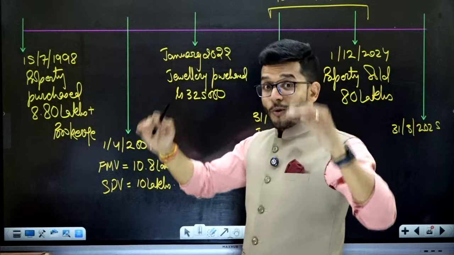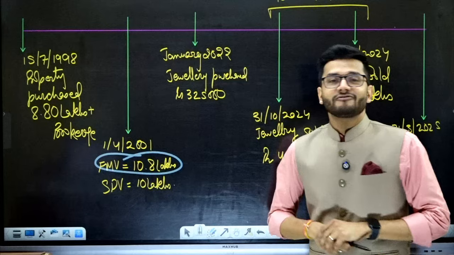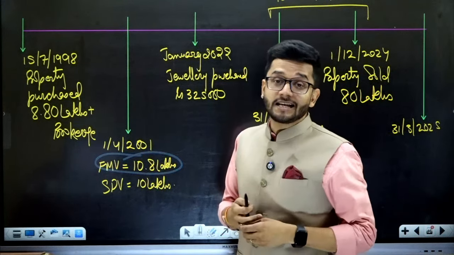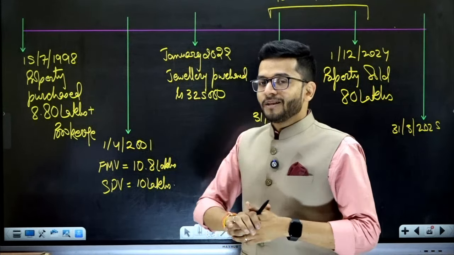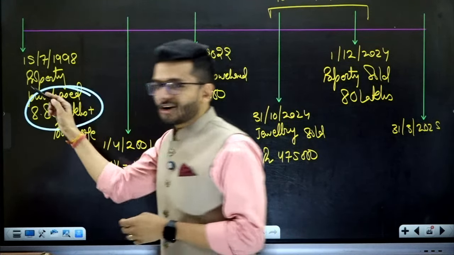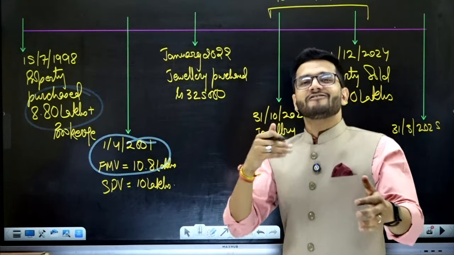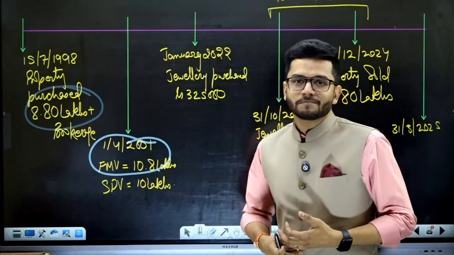But this cost is quite less as compared to the FMV as on 1st of April 2001. So FMV is more. The principle says that if your acquisition is before 1st April 2001, then the higher of actual cost of acquisition or the FMV as on 1st April 2001 is to be taken as the cost of acquisition.